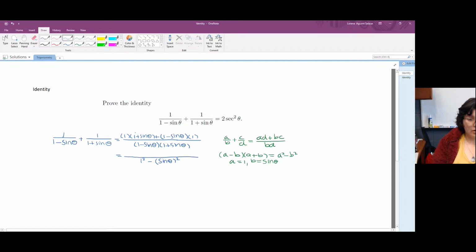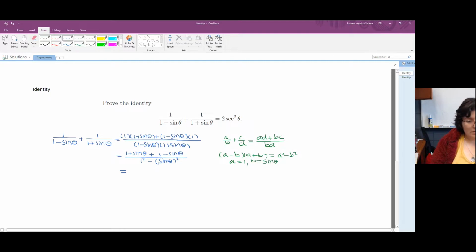As for the numerator, when we multiply something by 1, nothing changes. We have 1 plus sine of theta coming from multiplying 1 by 1 plus sine of theta, same with this part, 1 minus sine of theta times 1. And here we have those expressions.